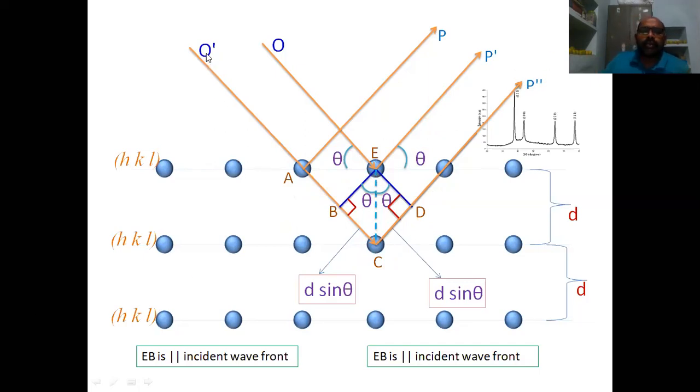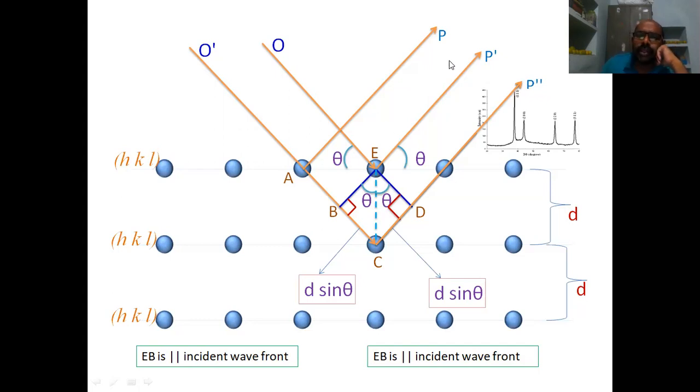So here the path of the X-ray O'AP and OEP' are identical paths.